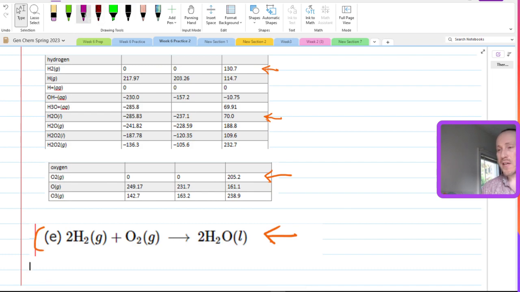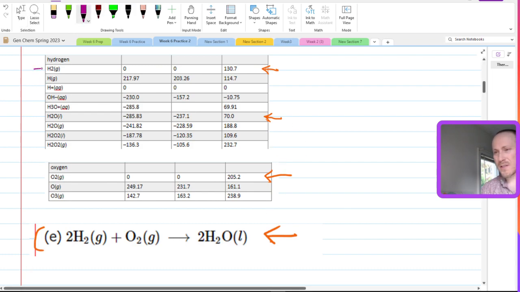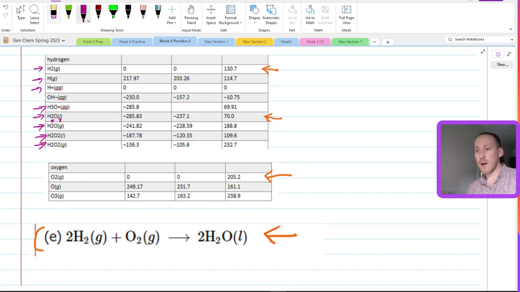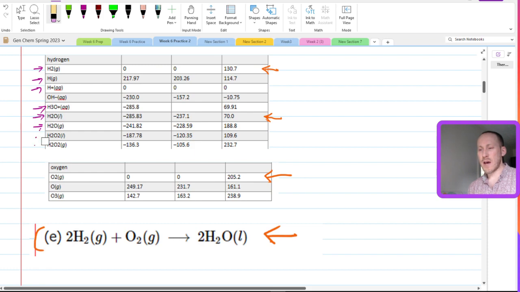Now, when reading a table like this, part of the reason I left these arrows here is because it's so easy to get confused if you're moving fast. You have to pay attention to the numbers and to the states, and like that looks so similar to that or that if you're moving fast. So I just want to caution you, if you happen to be in a scenario where you're looking at a table like this, just really pay meticulous attention for your own sake.